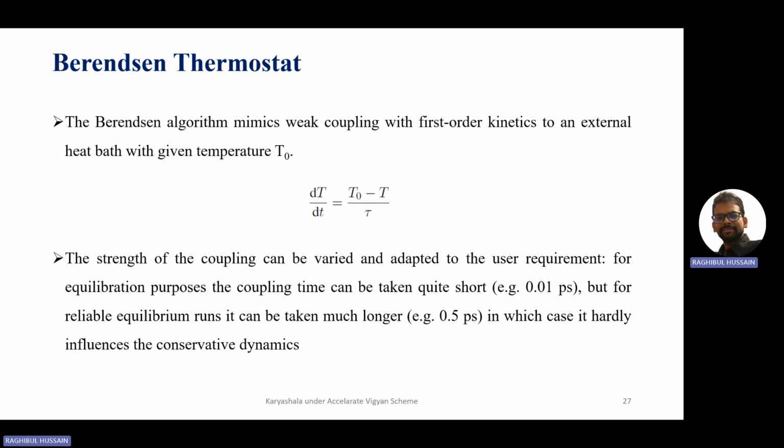We can basically change this strength of coupling, right? So let's say for equilibration purpose, the coupling time can be taken as 0.01 picosecond, but for the reliable equilibrium runs, it can be taken to be much longer.